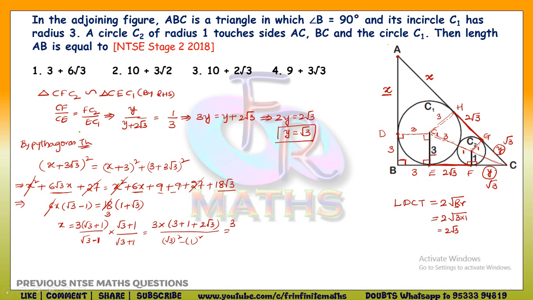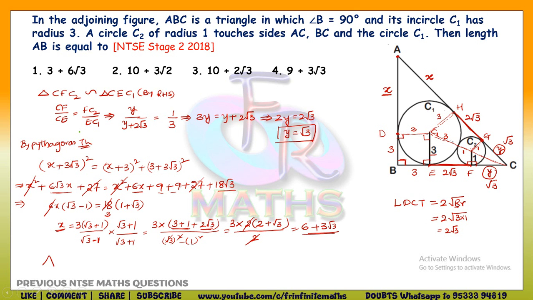So this gives me 3 into, 3 plus 1 is 4, and this contains 2 root 3. If I take 2 common, it becomes 2 plus root 3, divided by root 3 whole square is 3, so 3 minus 1 is 2. So 2 gets cancelled. Now finally, what am I going to get? 3 into 2 is 6 plus 3 into root 3 is 3 root 3. So this is nothing but my value of x.